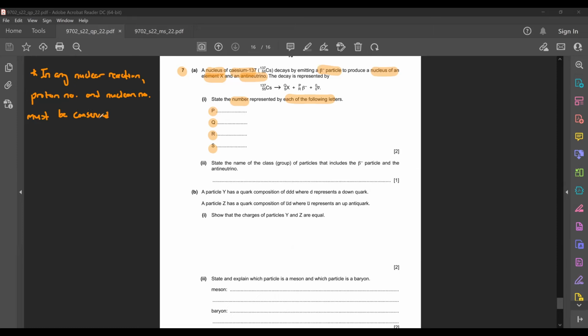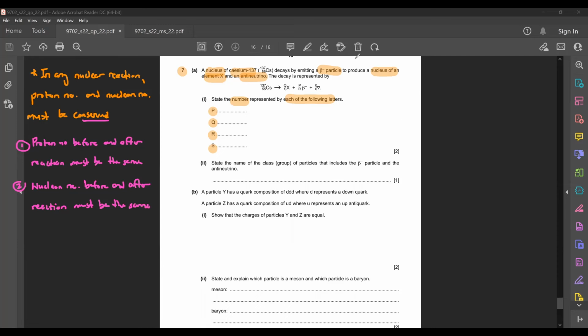What this means is that the proton number before and after the reaction must be the same. The same could also be said for the nucleon number. The nucleon number before and after reaction must be the same too.